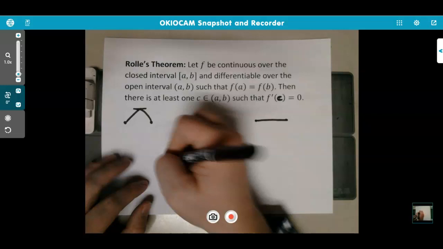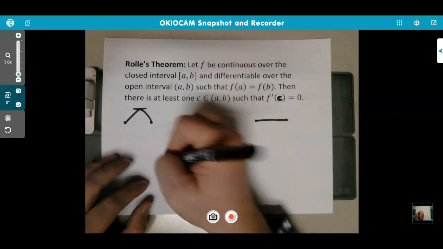Somewhere along there, at least one point, there had to have been a flat line somewhere. And I can see right here that's clearly true because if I leave from this point, I have to somehow come back. So I will always have a flat line somewhere between them. Let's look at a few examples examining that.